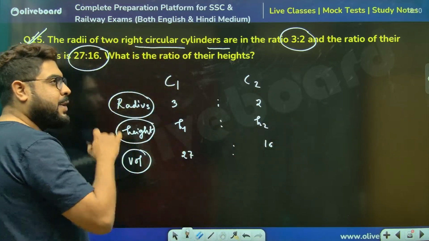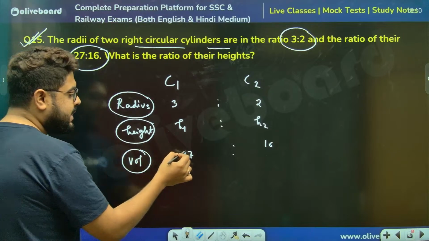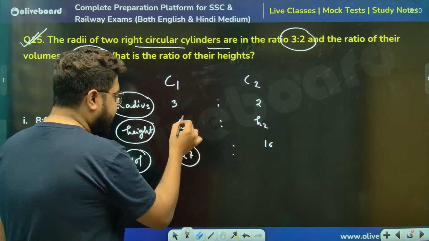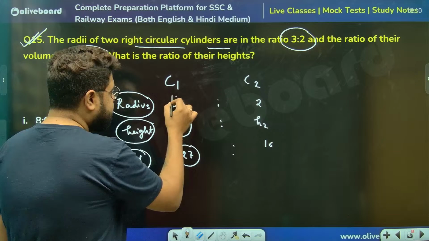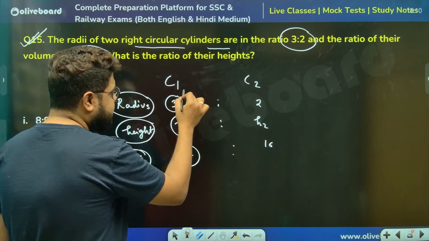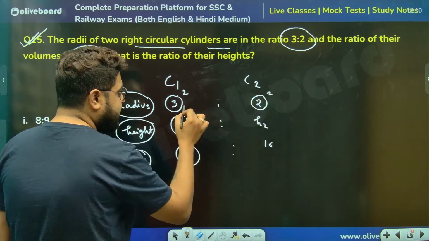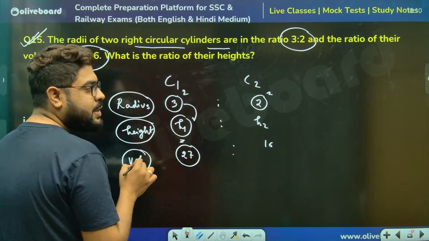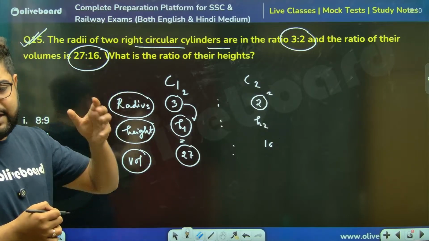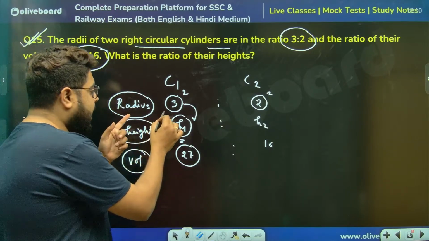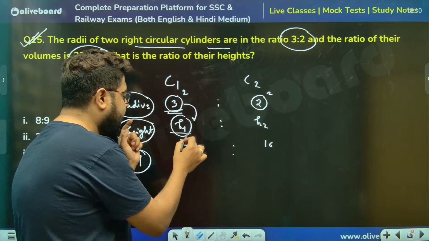So remember one thing. The volume is radius square into height. Pi is constant, so in the ratio pi will cancel. R square, radius square into height gives you volume.